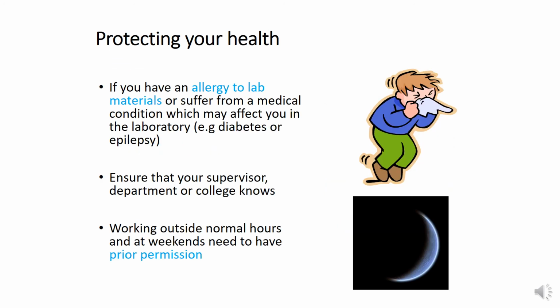Protecting your health. This is a very common observation, because most of the chemicals have different kinds of smells, and some of us might have allergies to some chemicals. This is really very important.